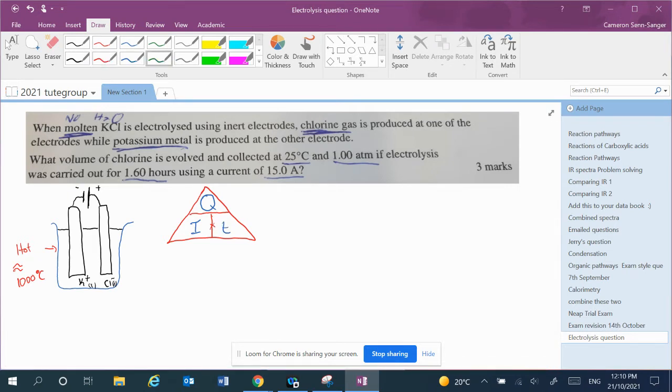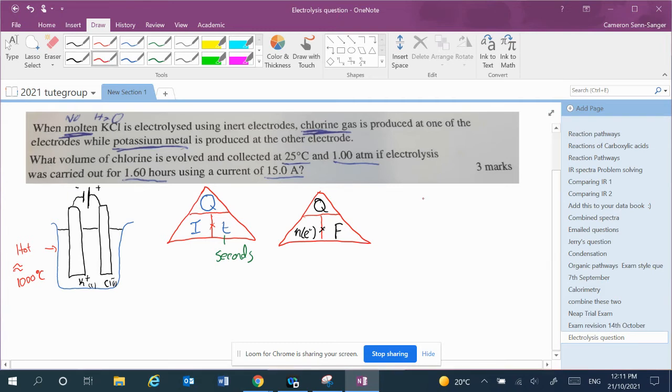Just remember here that this time is in seconds. The second formula triangle also has the charge in coulombs at the top. The charge in coulombs is equal to the number of moles of electrons times by Faraday's constant, which is found in the data book.